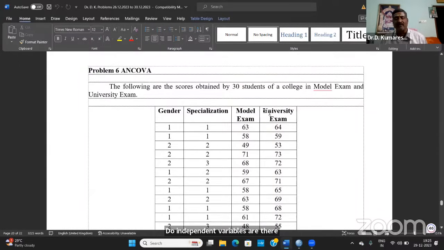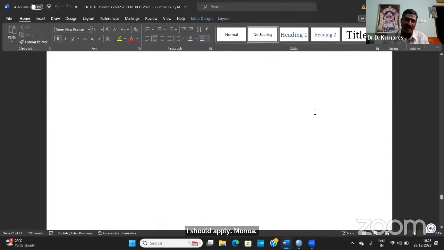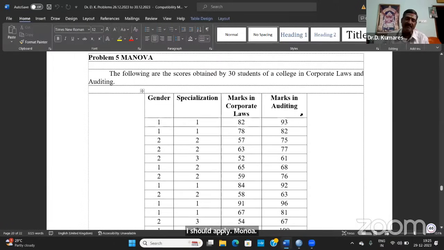Sir, how can I decide whether I should apply MANOVA or ANCOVA? In the case of MANOVA, these two variables are dependent variables and scale data.